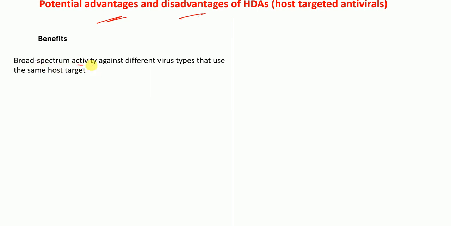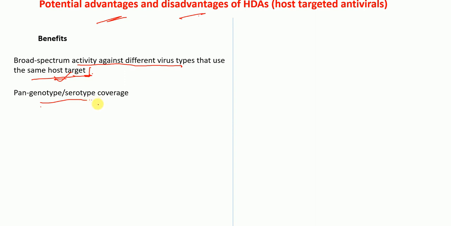So one most important advantage of host-directed antiviral agents, as I mentioned already, is that they have a broad spectrum of activity against different viruses that use the same host target. Okay, so if we have a host-directed antiviral agent against a host target, and that host target is the same for different viruses, then they have the broad spectrum of activity against different viruses that use the same host target.